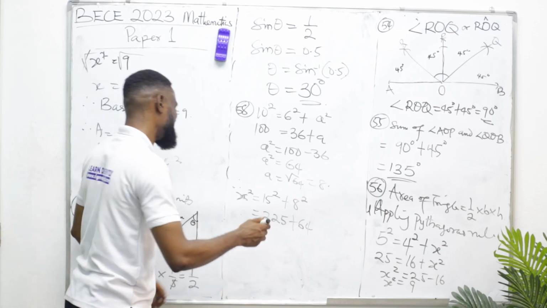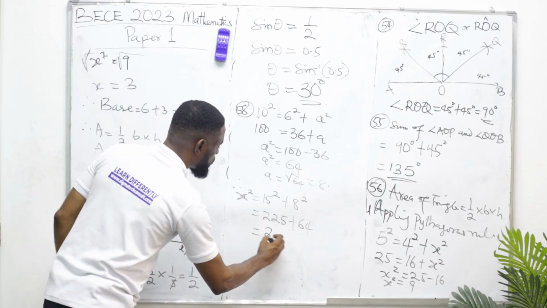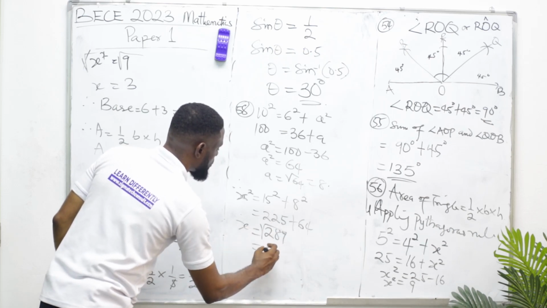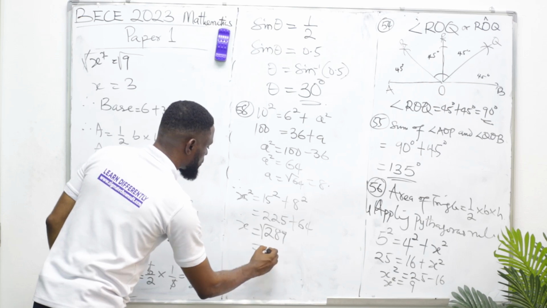Square root of 289 is 13, I think, yeah.